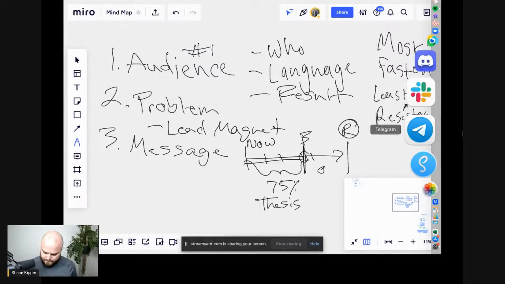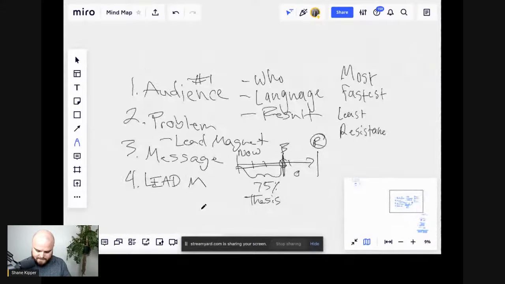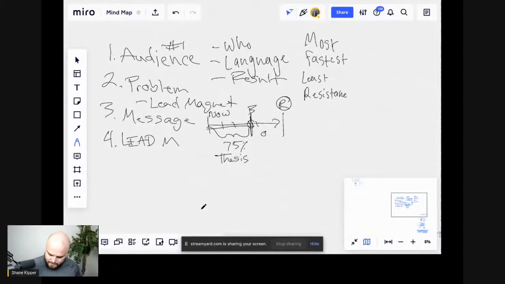Right. So then number 4 is the lead magnet itself. So I'll just start putting letters instead of full words because it takes forever to write this. So the lead magnet. Okay. There's a couple different ways of doing your lead magnet. There's the PDFs, you got checklists, you can do a webinar. But ultimately, at the end of the day, we want to give enough value.